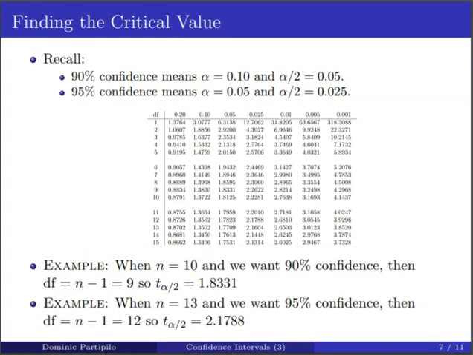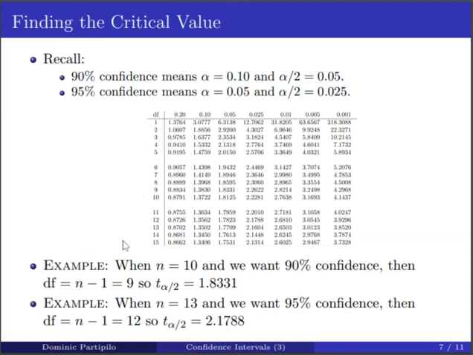And then another example here, when n is equal to 13, we're going to have df equal to 13 minus 1, which is equal to 12. And then we're looking for 95% confidence. And remember, when we're looking for 95% confidence, that means alpha is equal to 0.05. So that means alpha half is equal to 0.025.